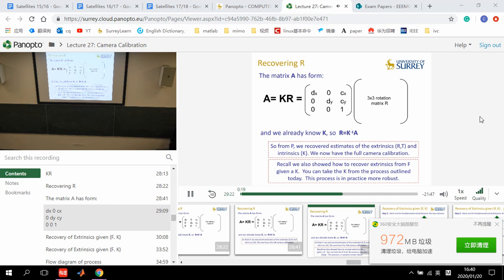However, that can be quite an unstable way to recover particularly the extrinsics. It's subject to a lot of numerical error and error in measurement of these points.